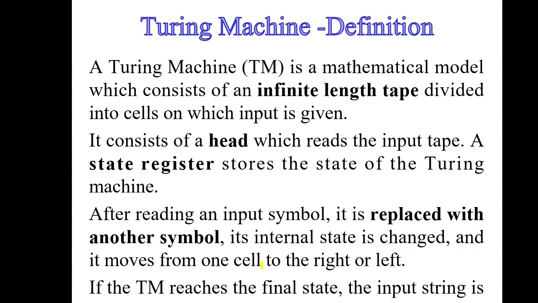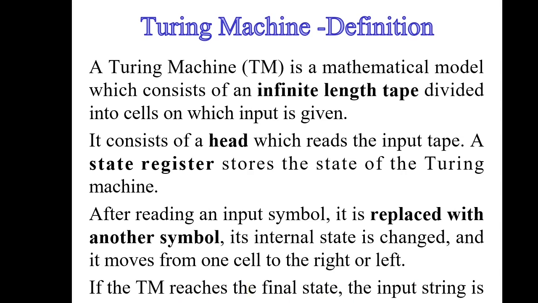The move may be to the right or left. If the Turing machine reaches the final state, the input string is accepted, otherwise it is rejected. So to accept a string, it has to reach the final state.